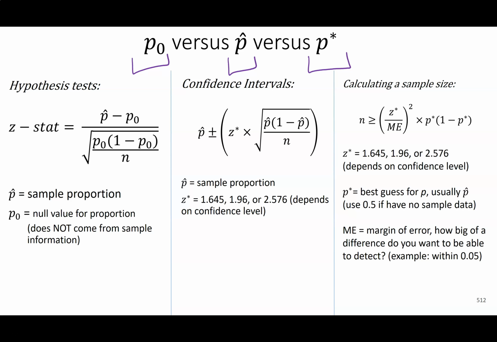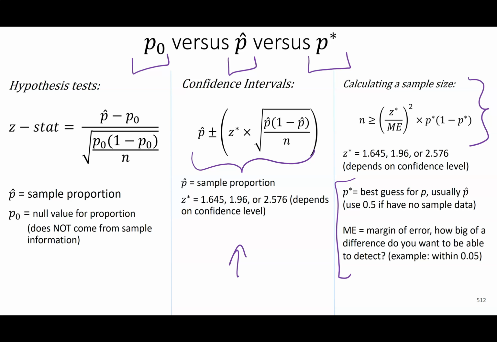Then, when we go to confidence intervals, it's only p-hats. You're not using anything else in your confidence interval. Your confidence interval can be based completely on what you saw in a sample. It's never based on what's claimed. And then p-star, so that comes in when you want to calculate a sample size.